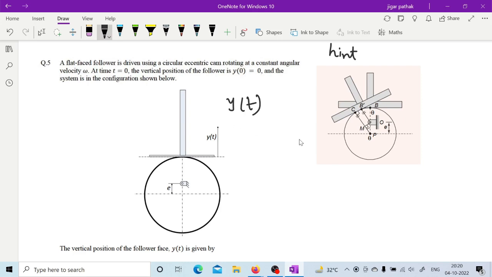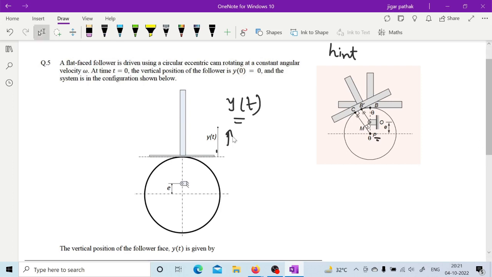You can consider this as the pivot point O, the point on the flat-face follower as B, and the axis of the cam as point P. From this, try to see how you will get the equation for the displacement y of the follower, and how it varies according to the cam rotation, as given in the options.